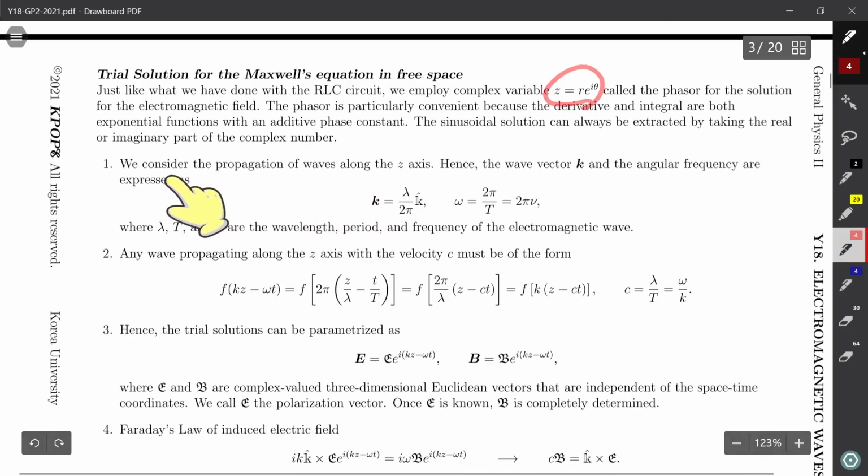Alright, we consider the propagation of waves along the z-axis. Hence, the wave vector is wavelength divided by 2 pi. Really? No, it's opposite. This is wrong: k is 2 pi over lambda.